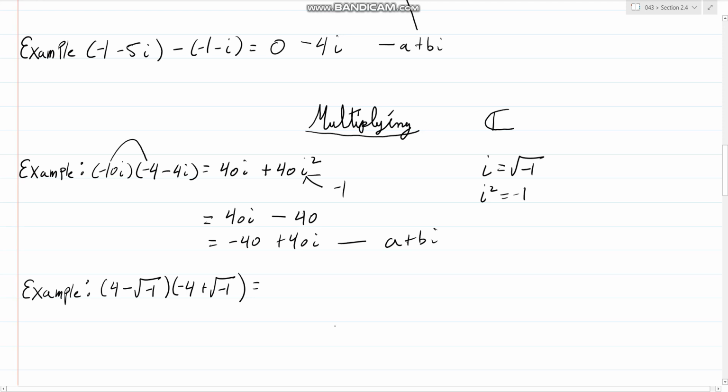All right. Let's see if we can finish this example before the end of the video. So I have the square root of -1 here. I can actually just rewrite that as i, since that is how it is defined. And let's see what happens. 4 times -4 is -16 plus 4i plus 4i minus i squared.